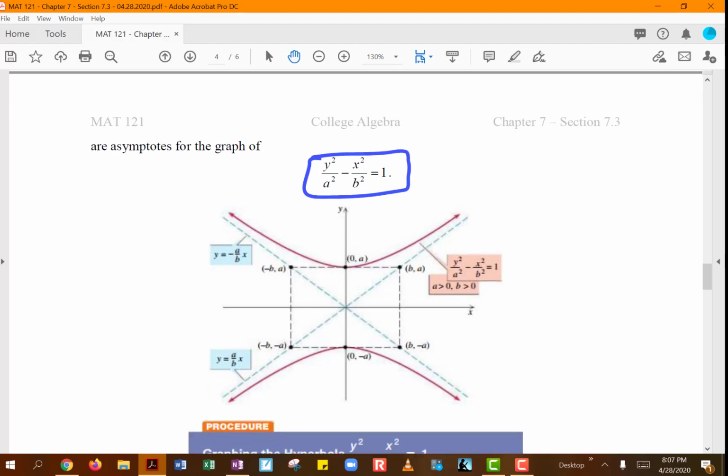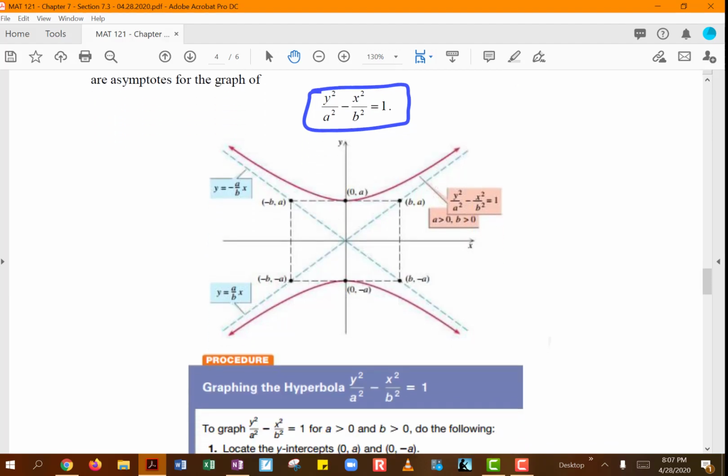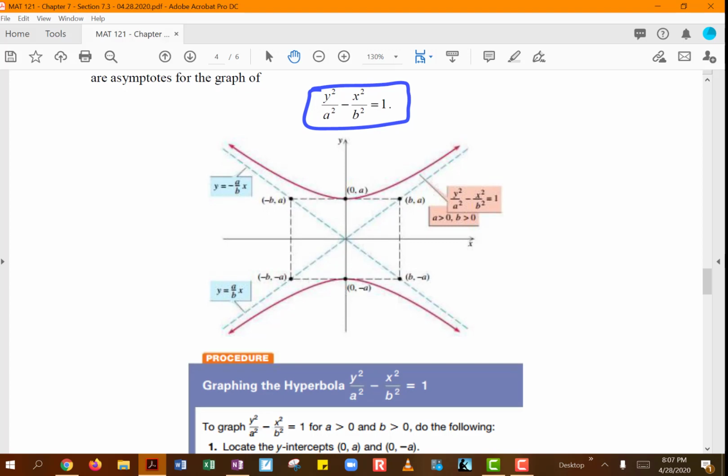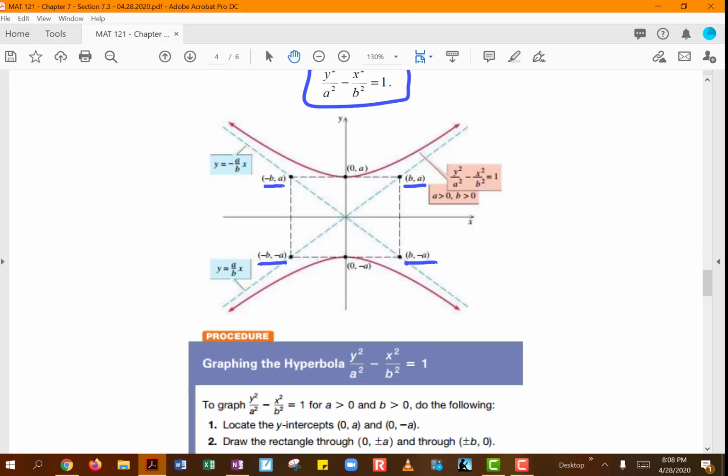So you will see y square will now become the first variable in this case. Now the 4 vertices of our fundamental rectangle are also going to change. So they will become negative b, a, positive b, a, negative b, negative a, and positive b, negative a. Instead of having x-intercepts, we will now have y-intercepts at 0, a, and 0, negative a.